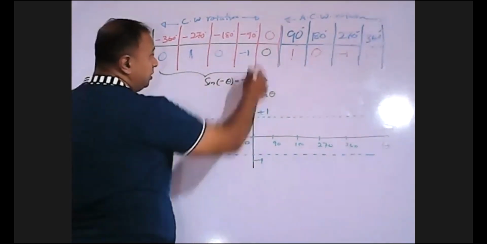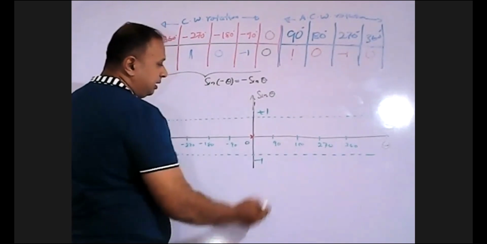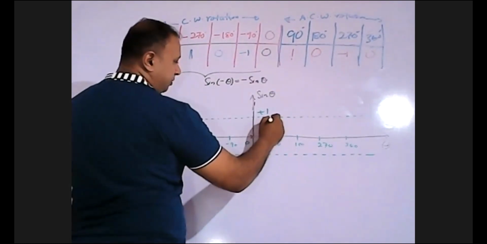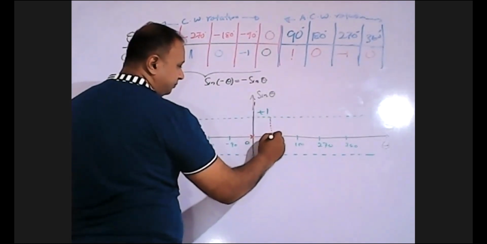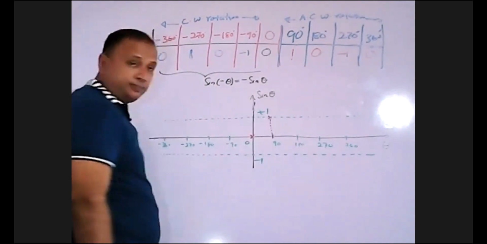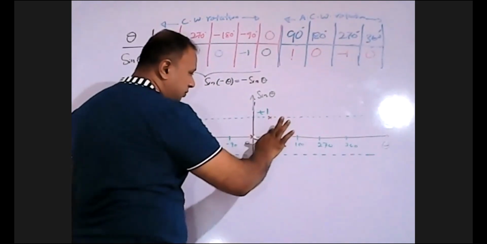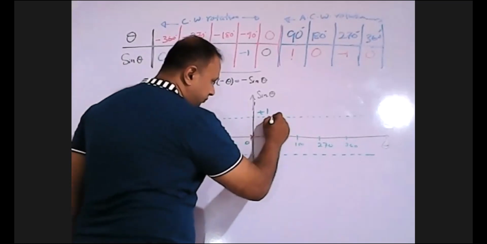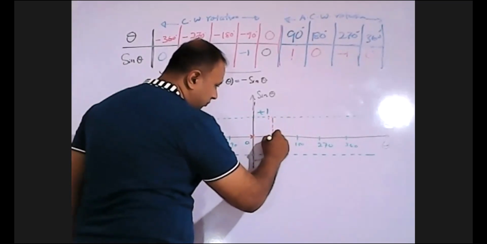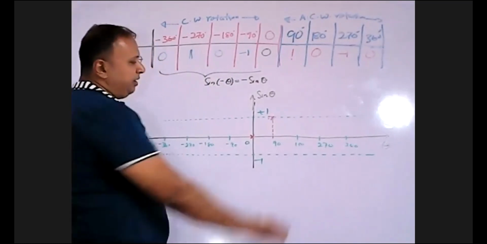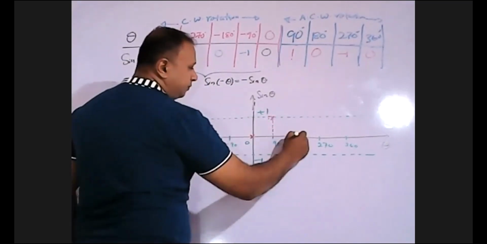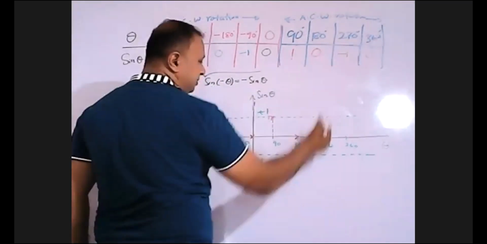Look at this. 0, 0. 90. When it is 90, it is plus 1. When it is 180, it is 0. When it is 270, it is minus 1.